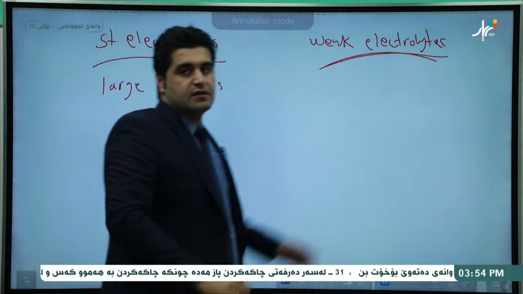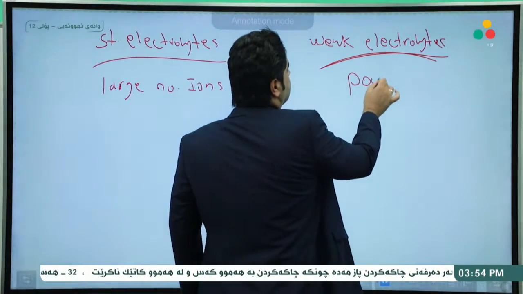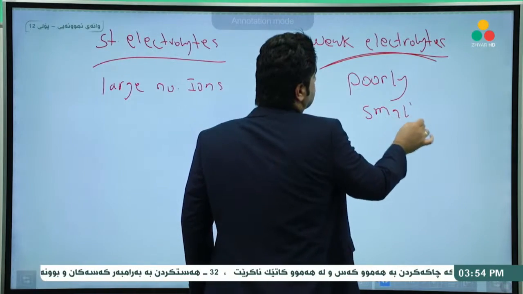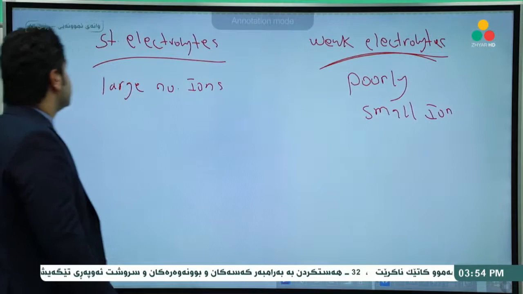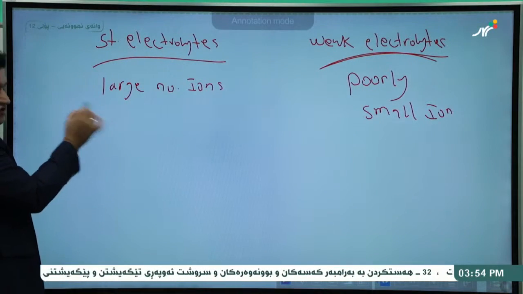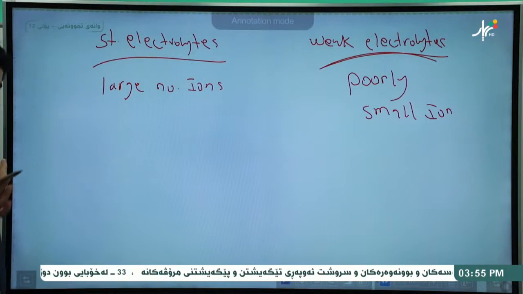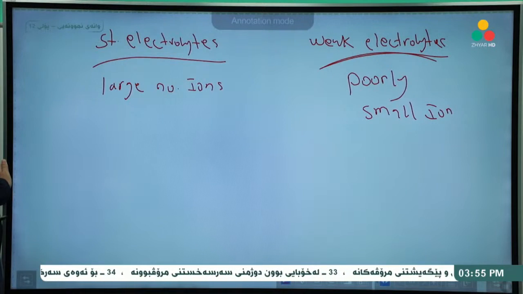But for weak electrolytes, their aqueous solution can conduct electricity poorly. Why? Because a small number of ions can be produced by this electrolyte. Strong electrolytes are such as strong acid, strong base, and highly soluble salt. Weak electrolytes are weak acid, weak base, and slightly soluble salt.